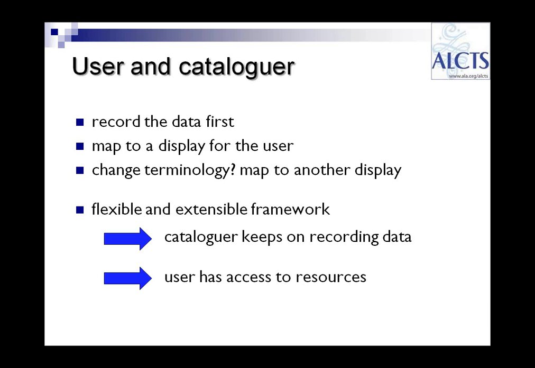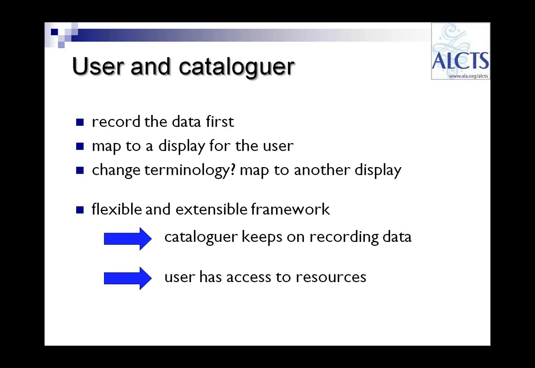So for both the user and the cataloger, you can see the advantage is that you're recording the data. You then worry about mapping to a display for the user as secondary. You're recording the data in a rigorous manner, and that means the data will stay the way it is. If there's a decision to change terminology, you just map it to another display. You never have to go back to the original data and do a global change, because it's just a question of mapping.